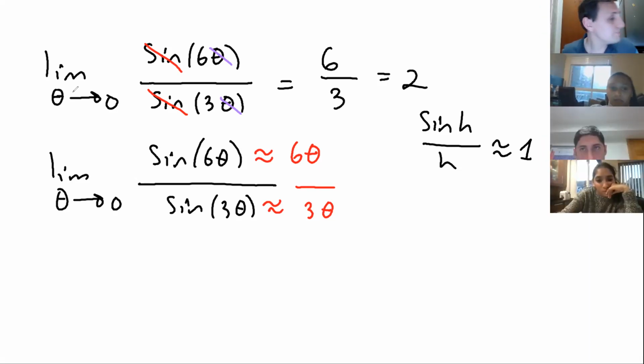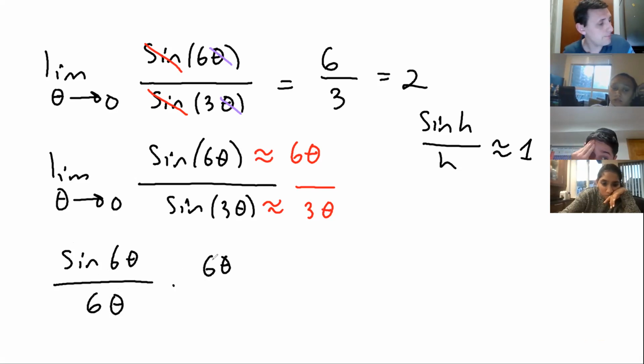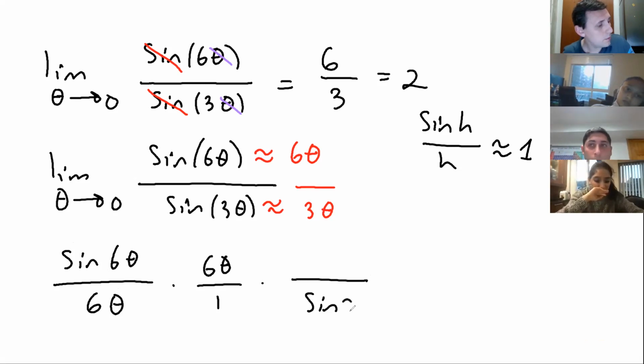Come back. Another way to see the same limit is, of course, to do this, guys. But that's more tedious. You can write sine of 6 theta, and you want to divide it by 6 theta, but if you divide by 6 theta, you then have to multiply by 6 theta. And on the denominator, we have sine of 3 theta, and I would like to see 3 theta here.